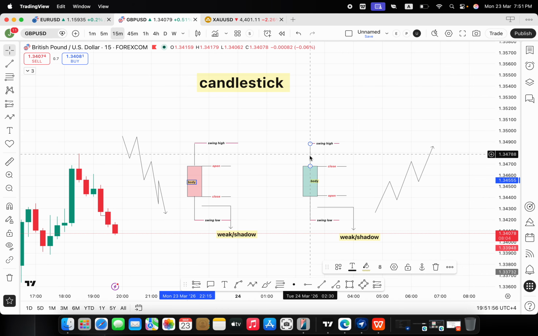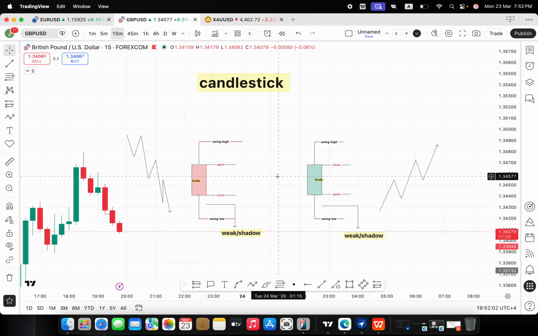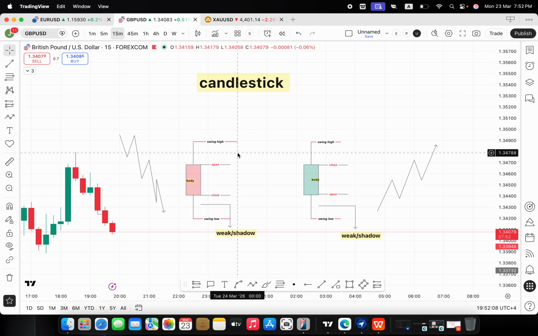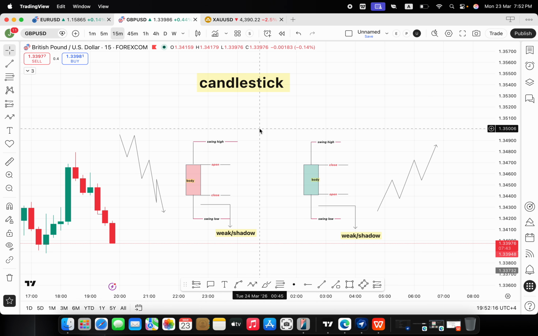This part is called the shadow, or you call it a wick. When a trader tells you this wick candle just wicked me out, it means they were stopped out of the market with a wick candle. So our class ends here.